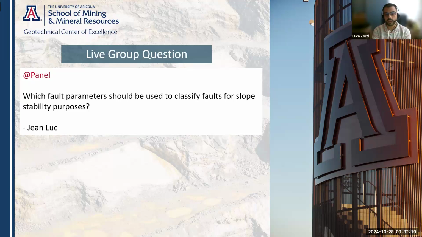One of the things that we tend to overlook a lot, which I think ties up with one of the questions that will be coming up, is the roughness along the fault plane. Whether it's a roughness on the plane or the undulation on the plane at the larger scale, that has a massive impact on your stability assessment. So that is one of the aspects that we tend to overlook several times, even when we do data collection in the field. Roughness sometimes does play a bigger role in the overall stability assessment. So I wanted to add a little bit on the roughness as well.